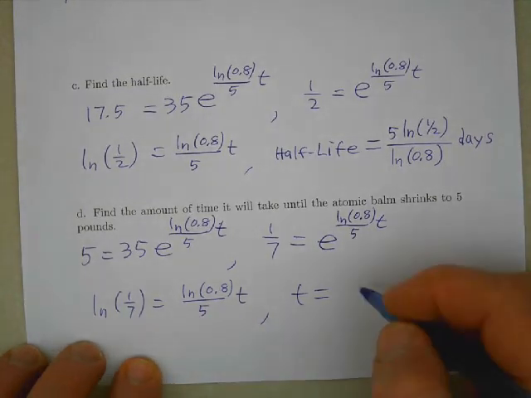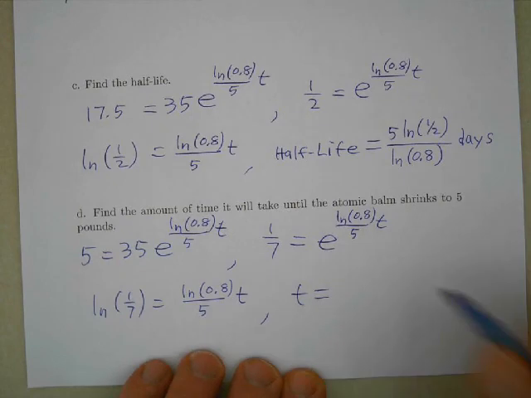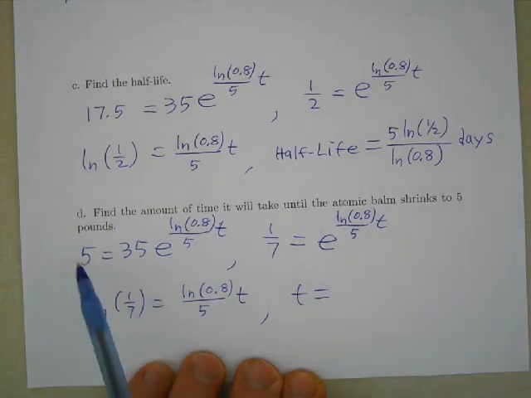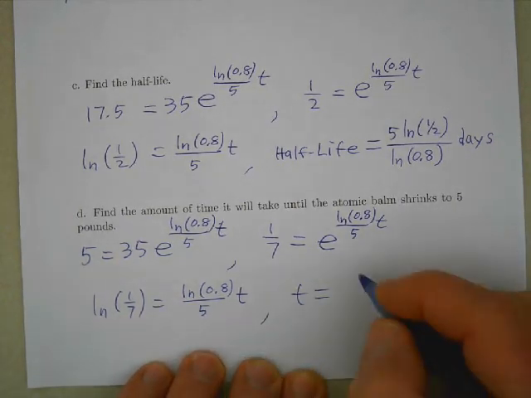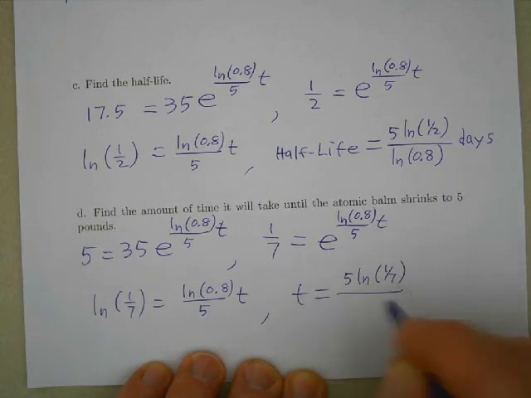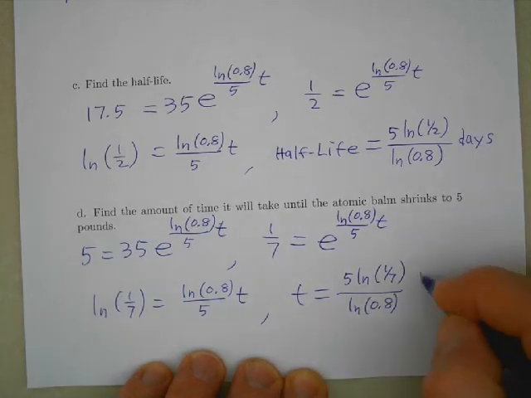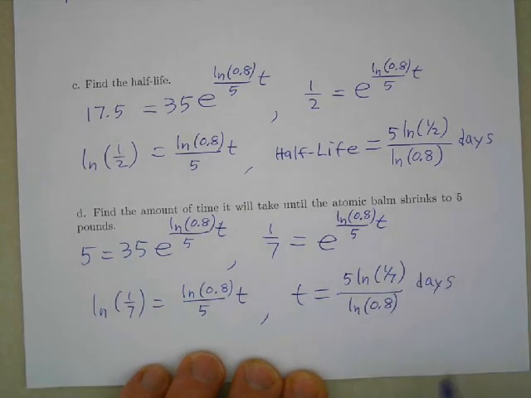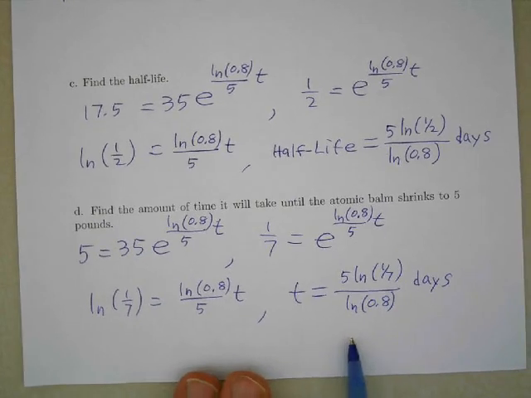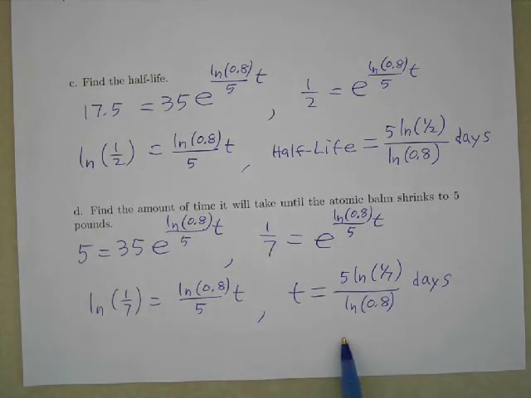So the t, the amount of time it takes for the atomic bomb to shrink to 5 pounds, is t equals 5 times the natural log of 1/7 divided by the natural log of 0.8, and this is measured in days. So to get a number you can relate to, just key those numbers into a calculator and you'll have your answer.